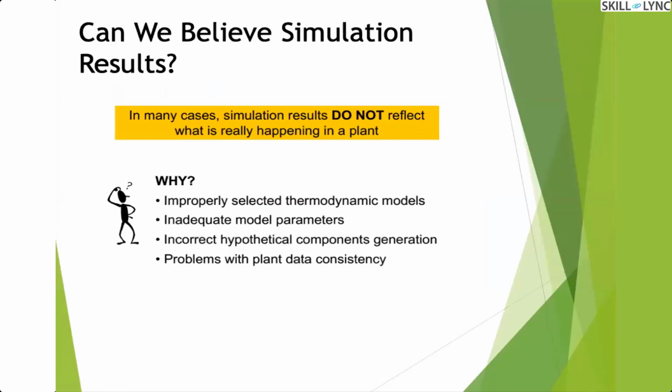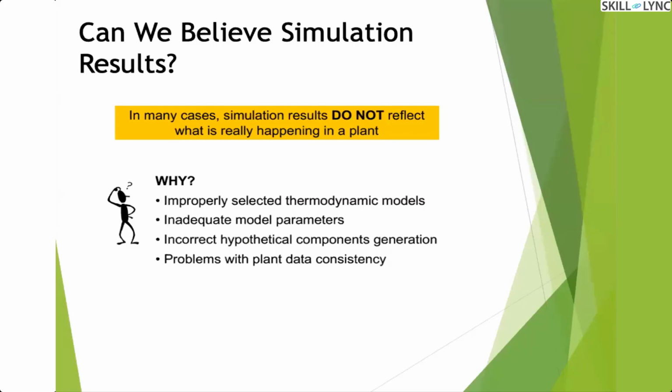So we are moving towards the end of the presentation. What simulation does is it converges at different points, but whether it is a realistic convergence or not, you should be able to judge. That's what I was saying.